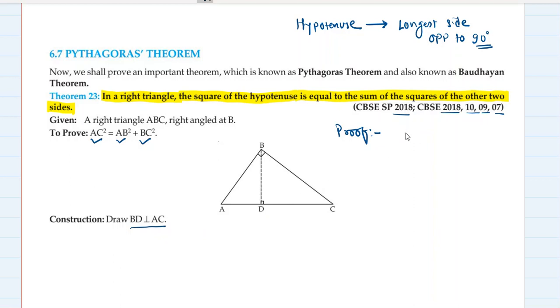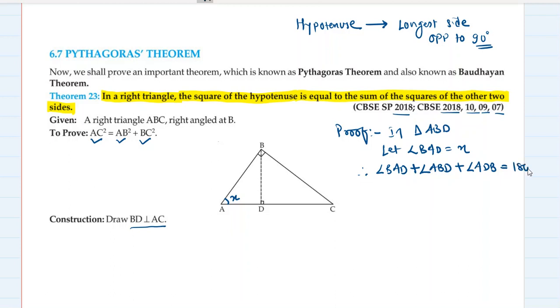In triangle ABD, let angle BAD be equal to X. Therefore, angle BAD plus angle ABD plus angle ADB is equal to 180 degree.